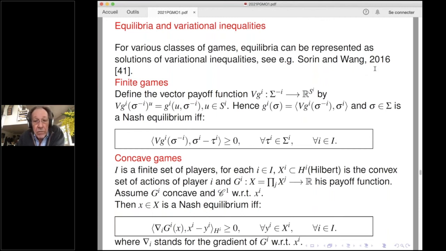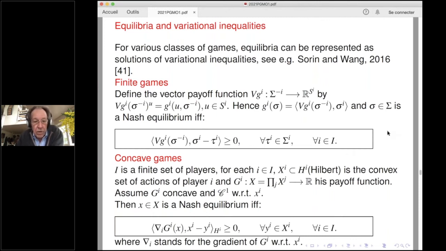The u component of V_g^i is the payoff if you play strategy u, given the mixed strategy of your opponent. Since everything is multilinear, the payoff is a scalar product of the vector payoff and your own strategy, and you have a Nash equilibrium if and only if you have this variational inequality.